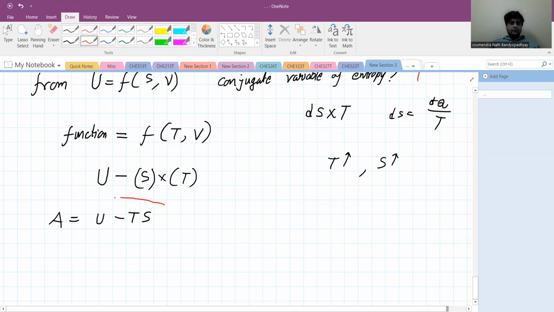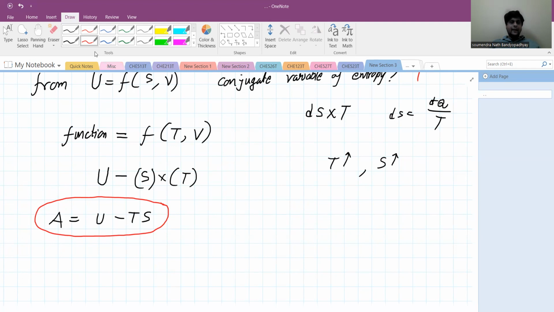So now, without doing much calculations, you are getting a new function, the Helmholtz free energy, as easily as this. So A is a function of natural variables, temperature and volume.